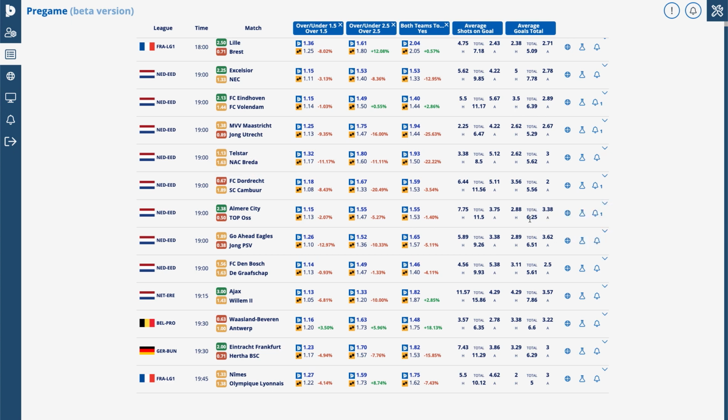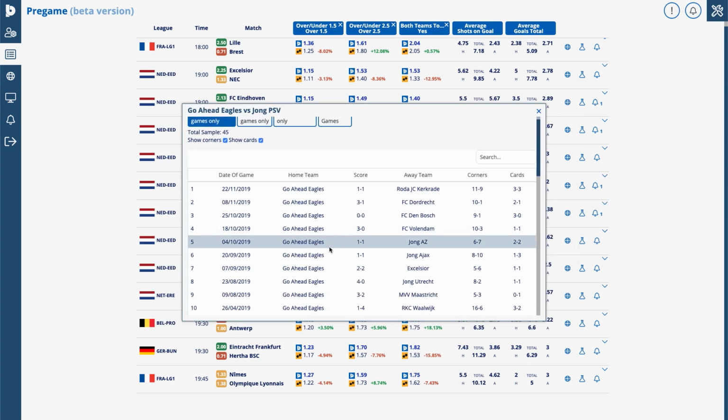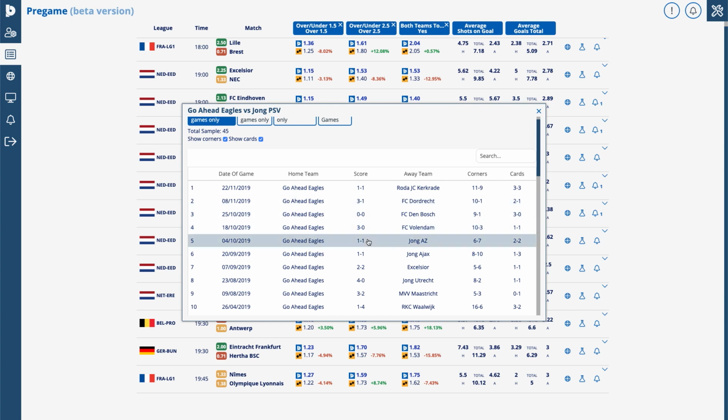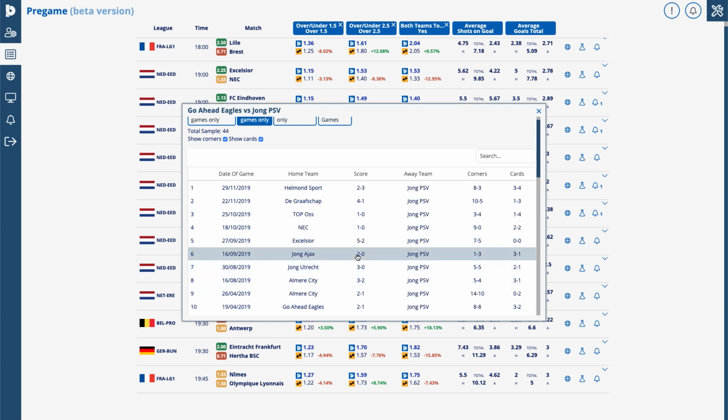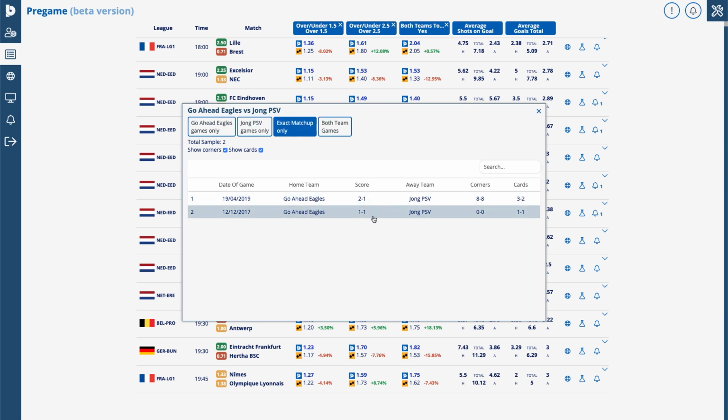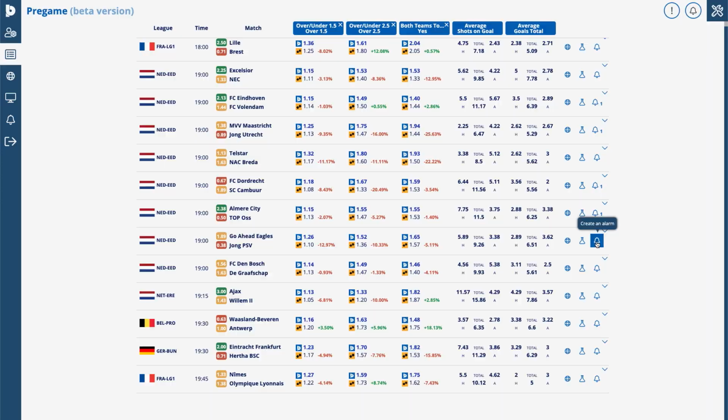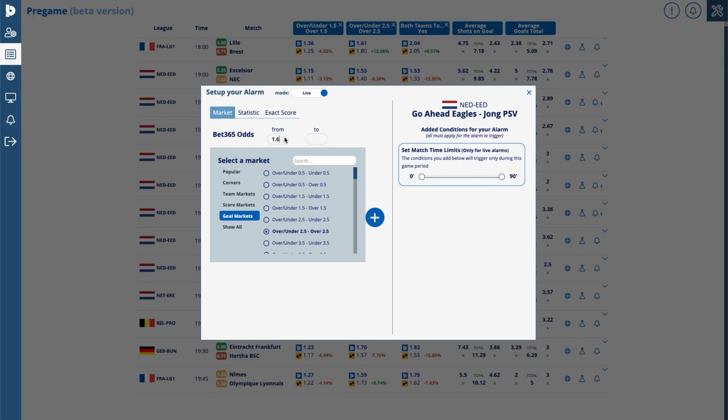Okay, let's see here. Go Ahead Eagles, 1, 2, 3, 4, 5, 6. 60%. PSV, 1, 2, 3, 4, 5, 6, 7. Nice. Okay, 50-50 here. Let's give it a chance this week. We're over 2.5. Here we go.